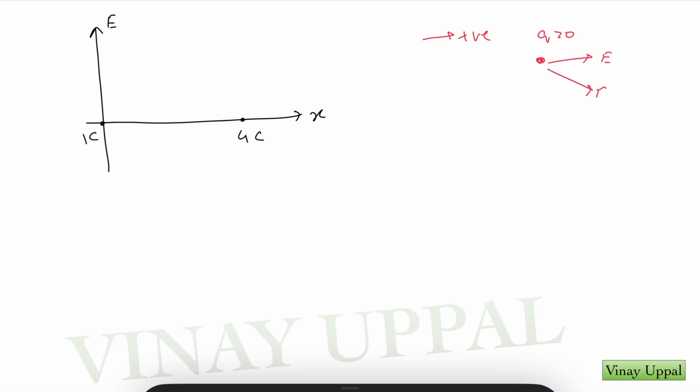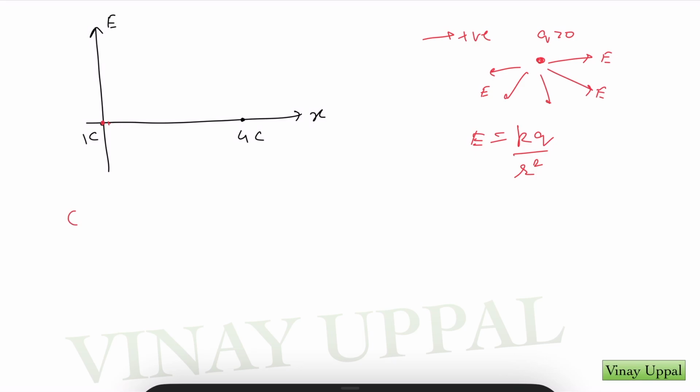So just to the right of 1 coulomb, my electric field will be to the right because it is radially away from the positive charge, and the magnitude will be tending to infinity because r is very close to 0, because you are looking at a point that is very close to 1 coulomb.